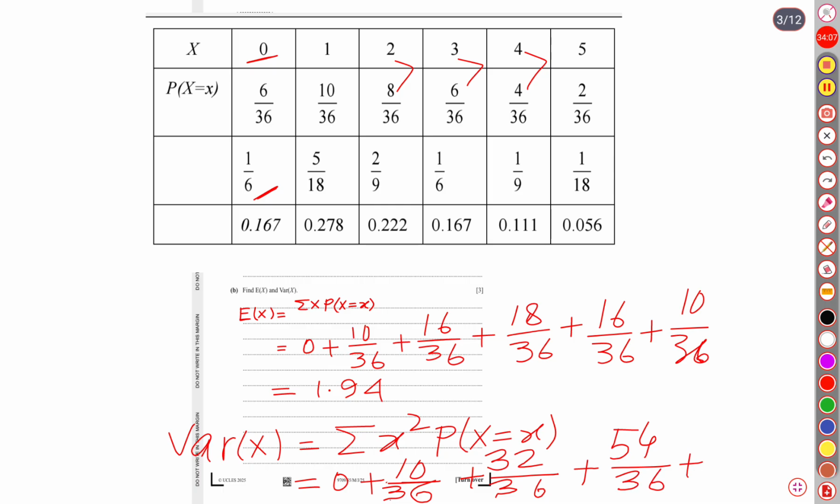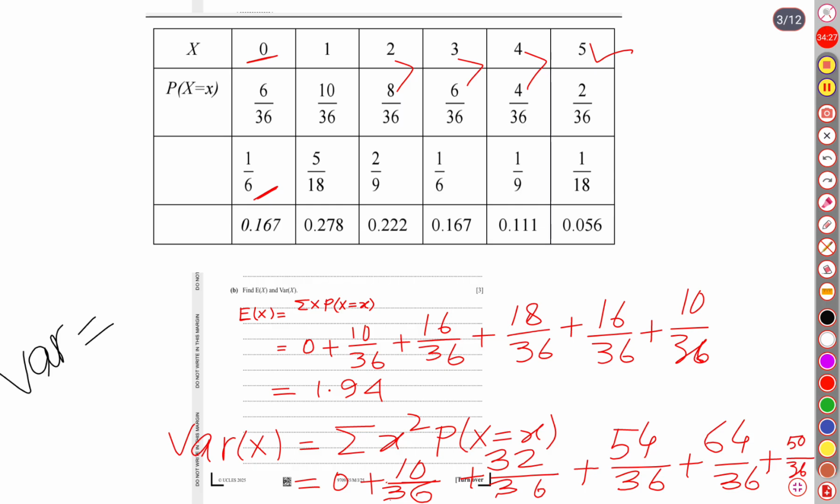Then the fifth one is 4 squared, 16, so 64 over 36. And the final one is 5 squared, 25, so 50 over 36.